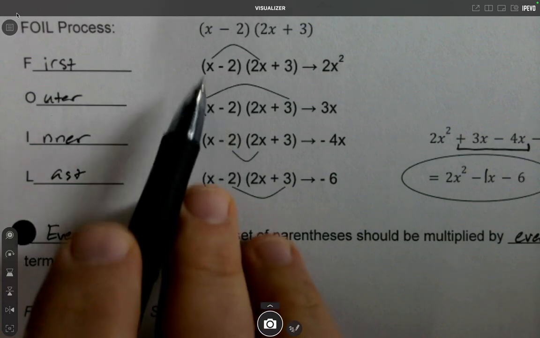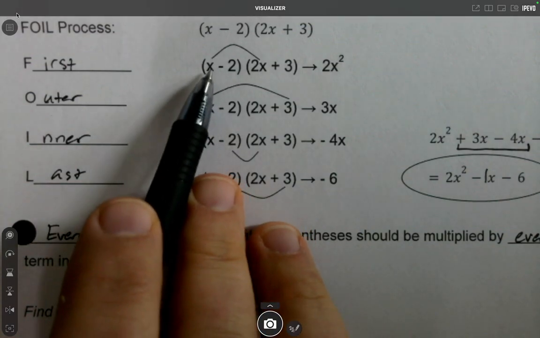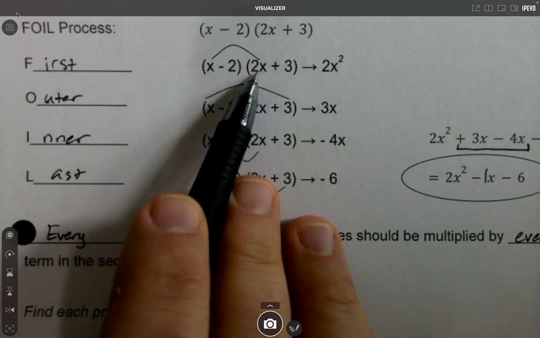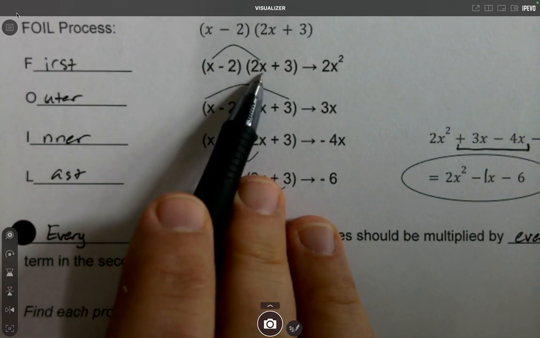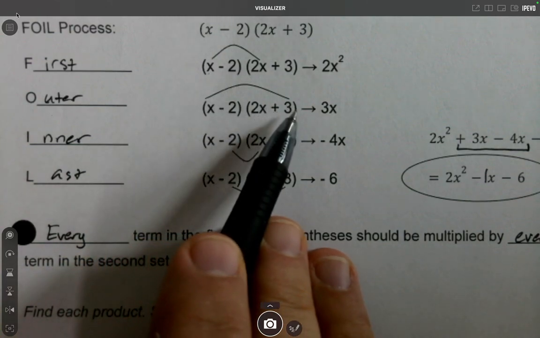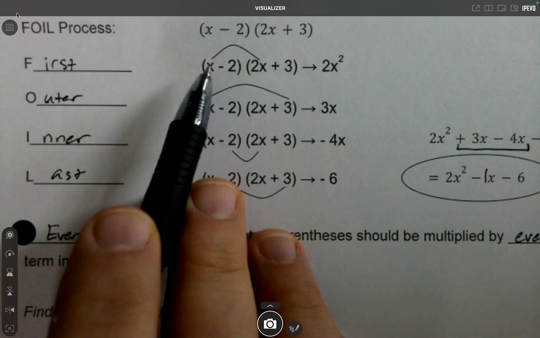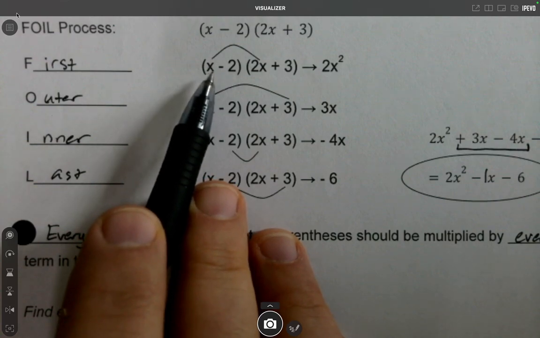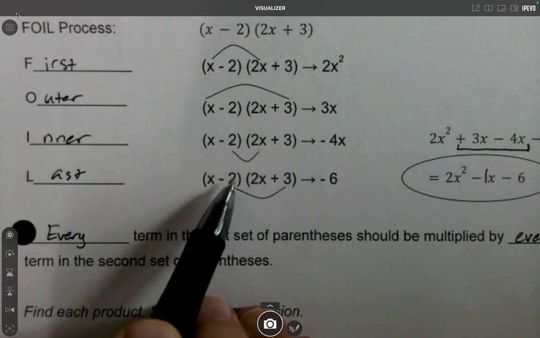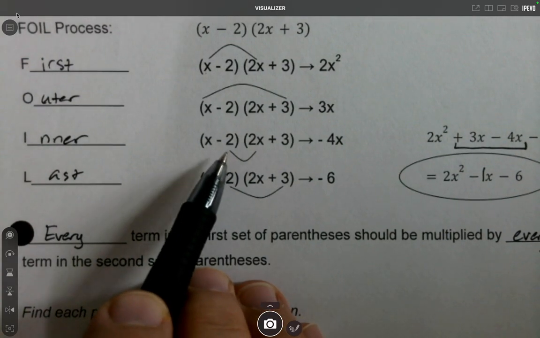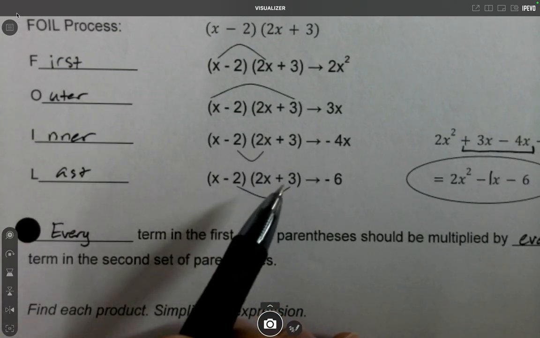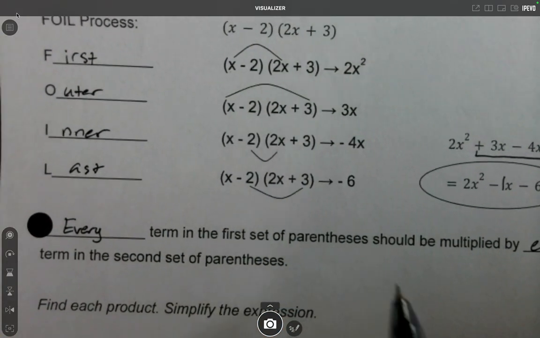So if you look back, first and outer are where we take the first term in the first parentheses, multiply by the first term in the second parentheses, and we multiply the first term in the first parentheses by the second term. So the first and outer cover taking the first term and multiplying it by both things in the second set of parentheses. Inner and last make sure we take the second piece in the first set of parentheses and multiply it by both things in the other set of parentheses.